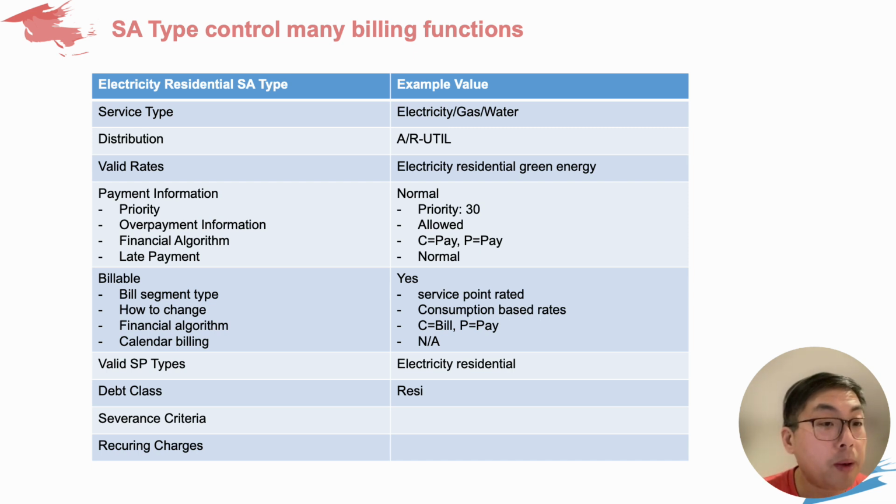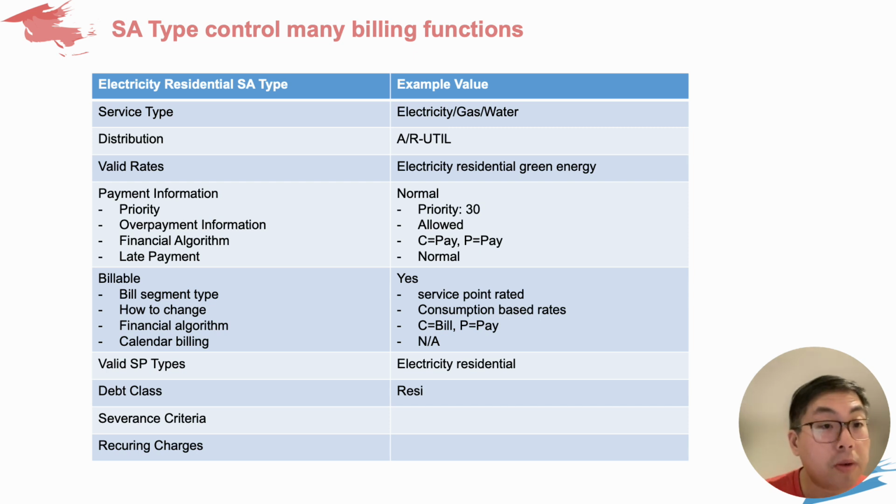The next one is billable. So bill segment type, how to charge, financial algorithm, calendar billing. Now, billable, obviously for electricity, it is billable. And so how do we actually calculate the bill segment? It's service points rated. And how to charge, it's based on consumption based rate.